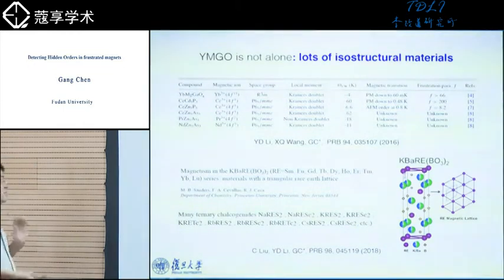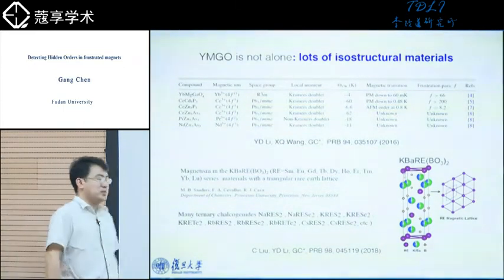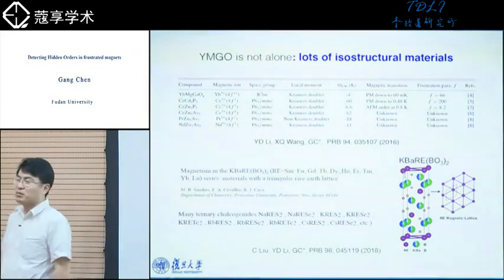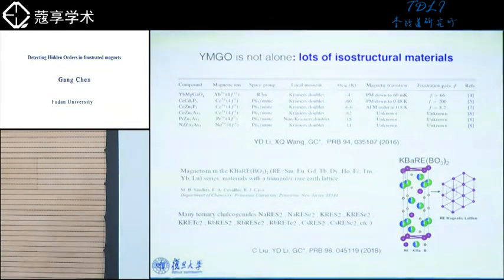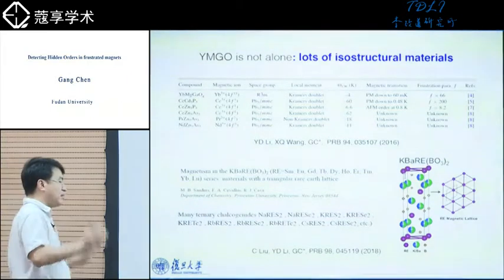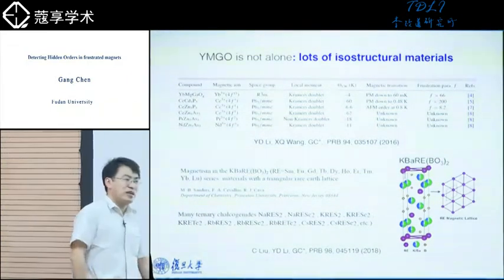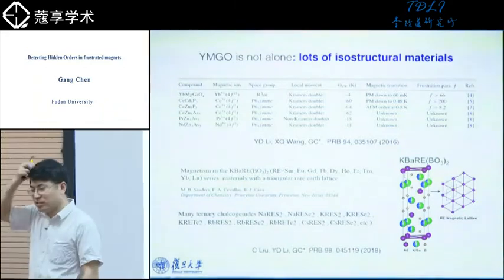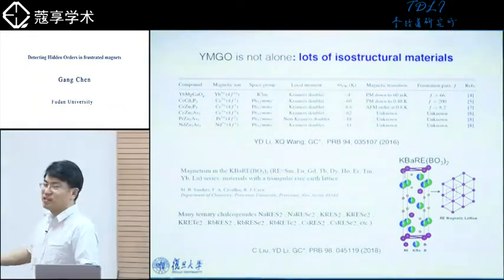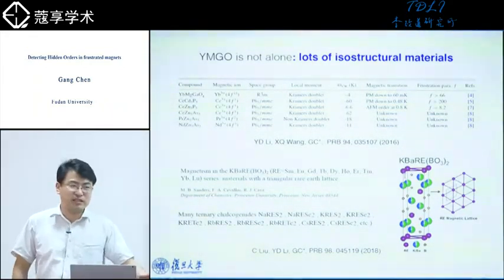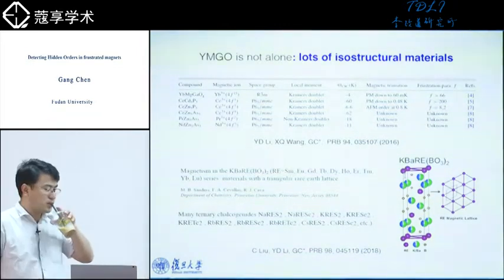So you can replace all of them. You can obtain a similar type of Hamiltonian with almost similar local moments. So there are lots of games one can play, a lot of rich ground to explore the physics.